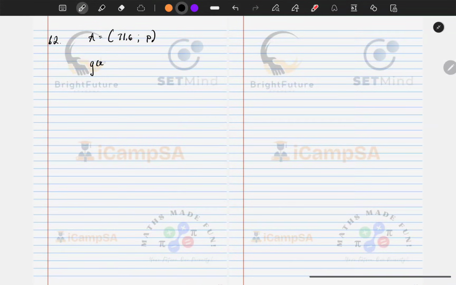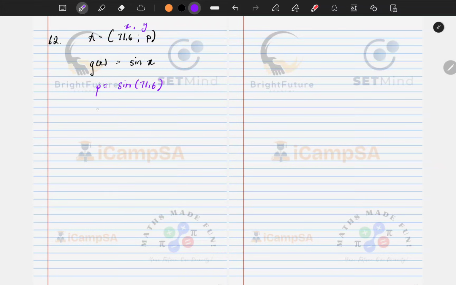So g of x says it's going to be your sine of x, right? Because remember, b is equal to 1. So already I do have x, right? So this will be my x, this will be my y, right? So I'll just substitute p here, and then I am going to be left with sine of 71.6.